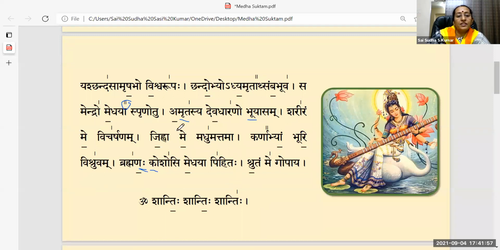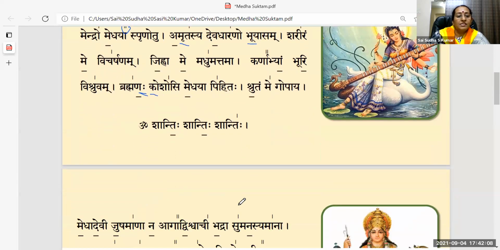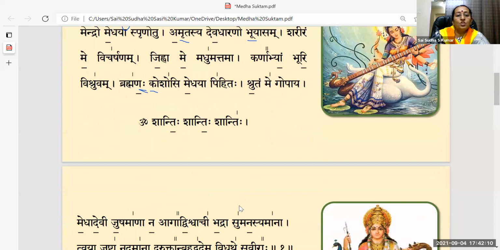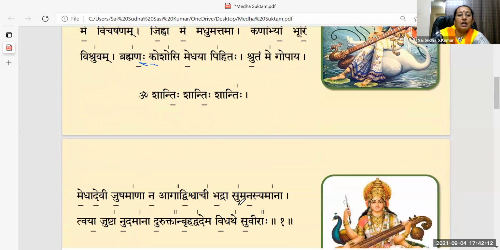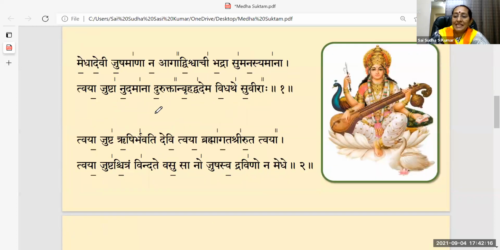Now as far as the intonation is concerned, intonation is very important. In the first line of the Medha Suktam, that is Medha Devi Jushamanana Aga, means Medha Devi, who is pleased with us, comes to us.